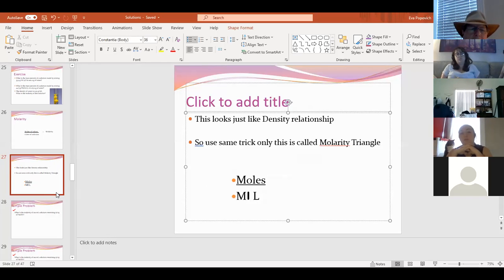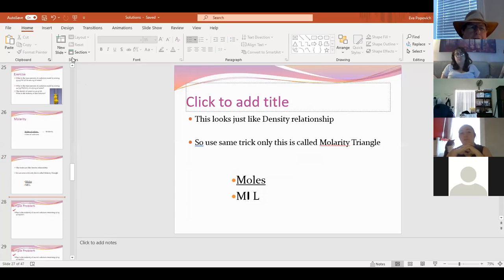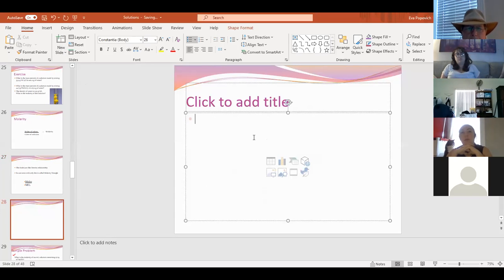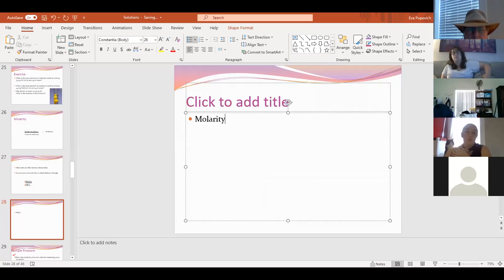If you don't like that, just pay attention to the labels. For molarity, you're going to take moles divided by liters.